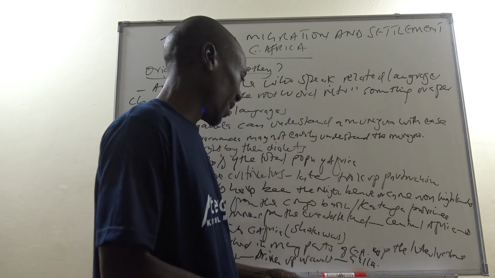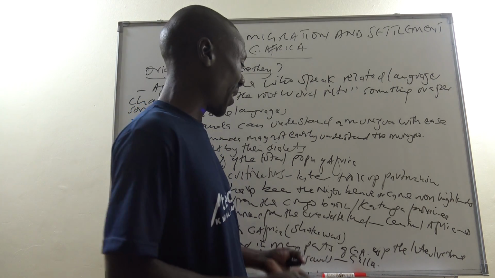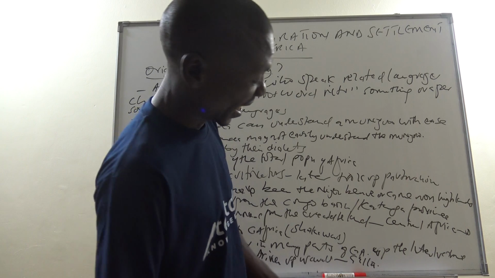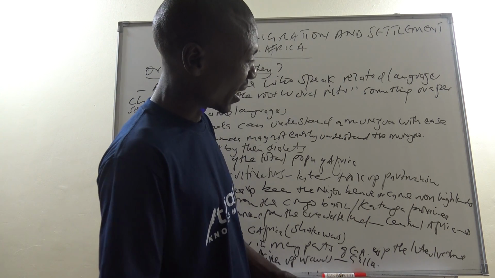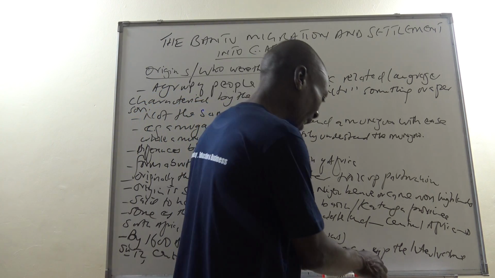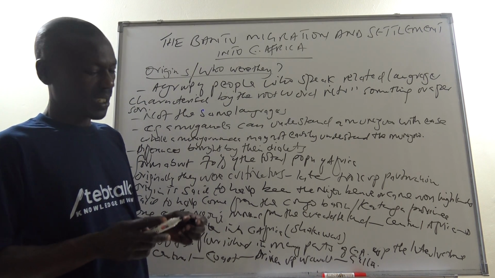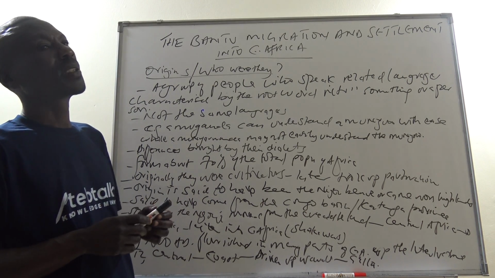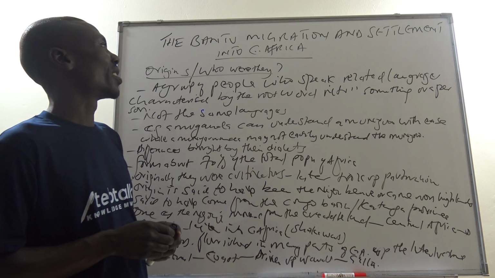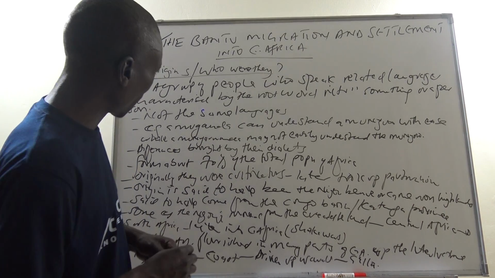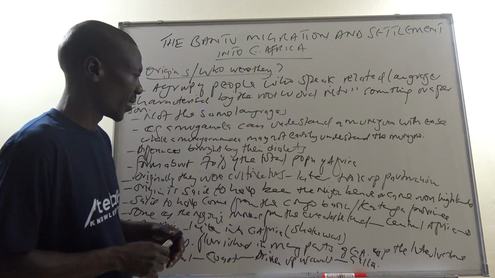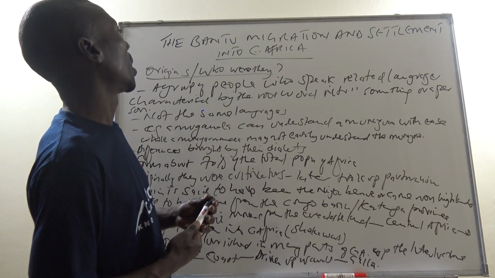Reason, they settled in the coastal areas and at the same time the highlands because of the pressures from the Galla. That is the brief account of the origins of the Bantu, or who they were. That's how we can look at that.